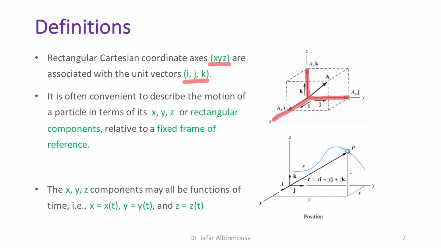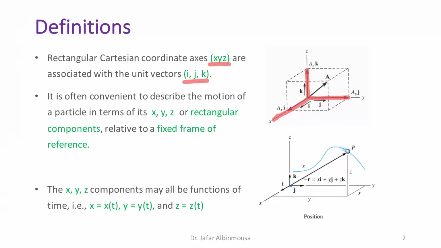Now, it is often convenient to describe a motion using rectangular components, and by that you need to fix a frame of reference. So for example, in this situation, this particle is moving along this path, which is a curvilinear path, and in order to describe that motion, we would need first to construct a coordinate system.